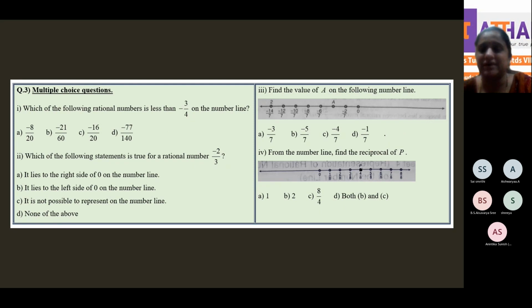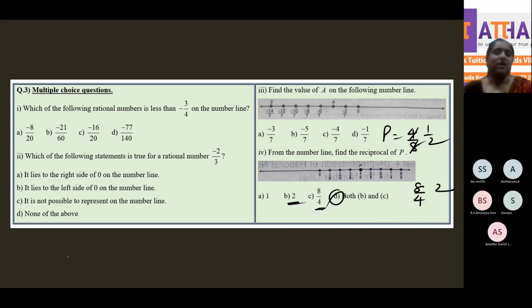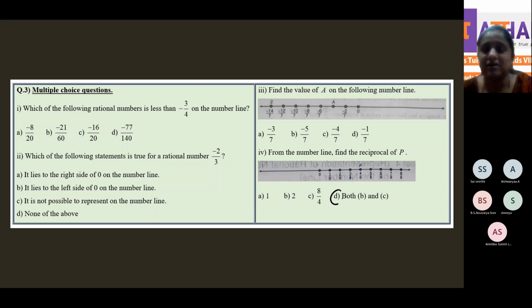P is equal to 4 by 8. Reciprocal is 8 by 4. When you simplify this, it is 1 by 2, so its reciprocal is 2. So it's 2 and 8 by 4. Both are correct. So both B and C. Yes or no, children? Yes, ma'am.